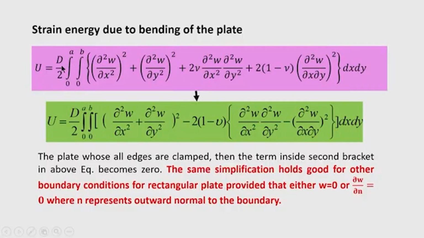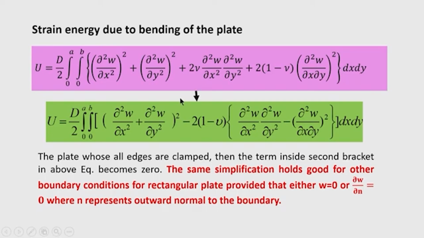The expression for strain energy of the plate, derived earlier, is written here: U equals D by 2, integration 0 to a, integration 0 to b, of (del square W del x square) whole square plus (del square W del y square) whole square plus 2 into mu into del square W del x square into del square W del y square plus 2 into (1 minus mu) into (del square W del x del y) whole square, integrated within the domain of the plate.